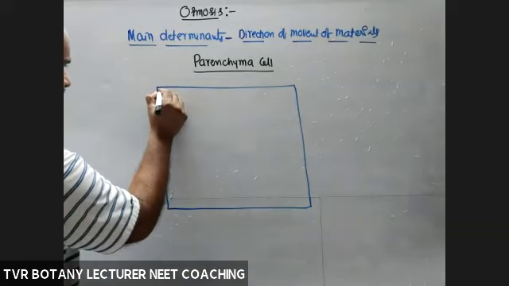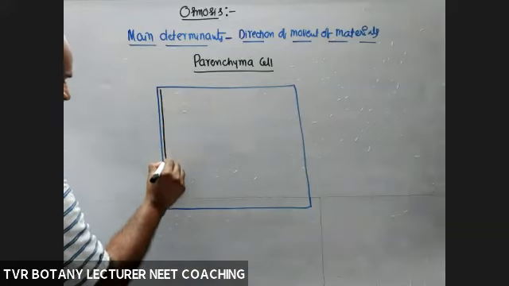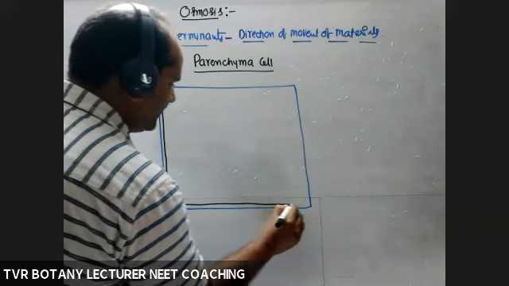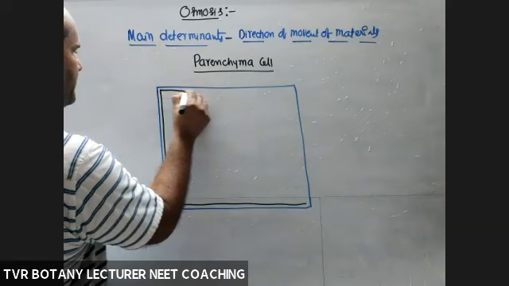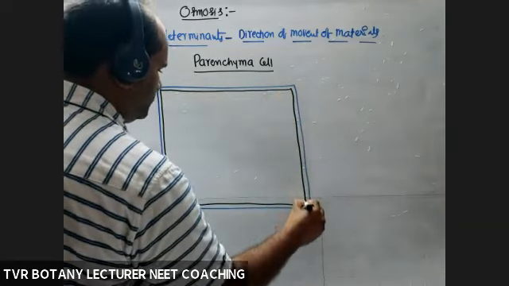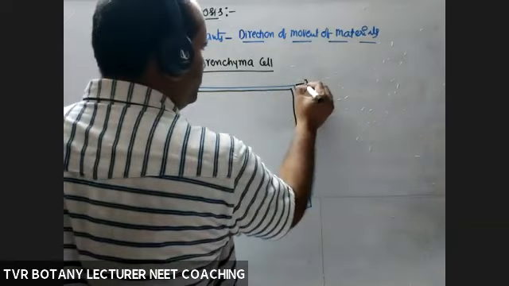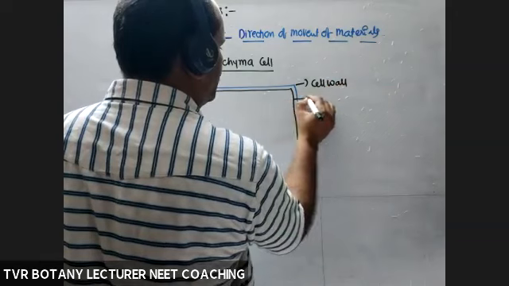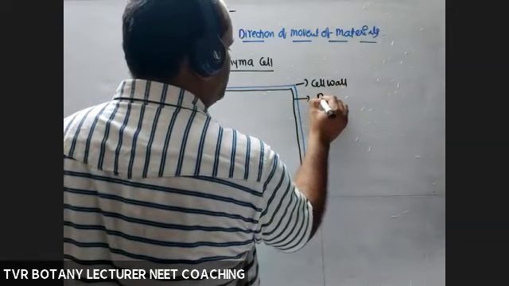And this is a plasma membrane. Actually, the plasma membrane is completely pressed to the cell wall, but here I'm taking some gap between those two to understand both the regions. So this one is the cell wall. This one, plasma membrane.